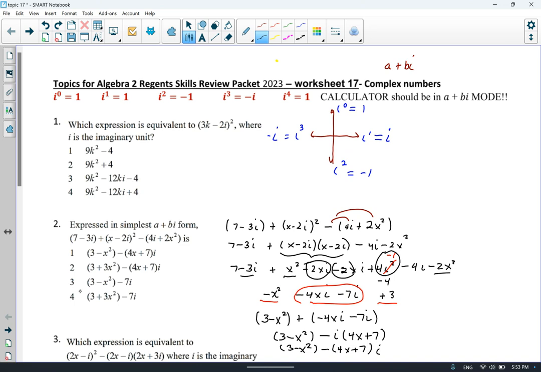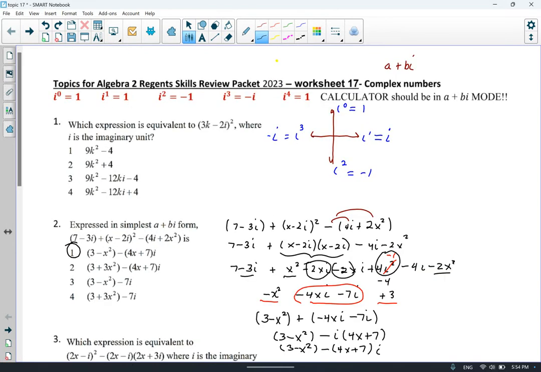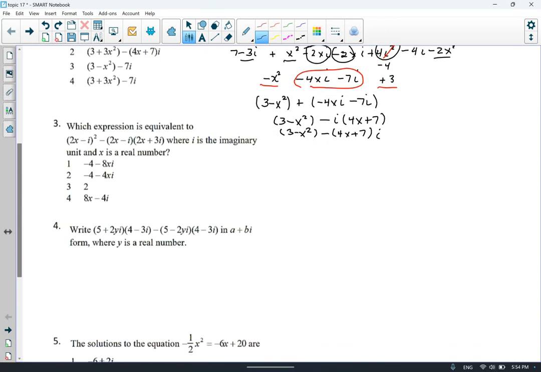And so when we look at the choices, we have to be careful. 3 minus x squared minus 4x plus I. Okay, so that was a very challenging problem. Okay, which expression is equivalent to this?